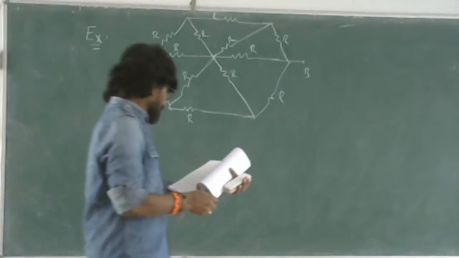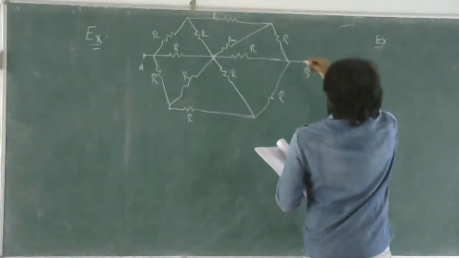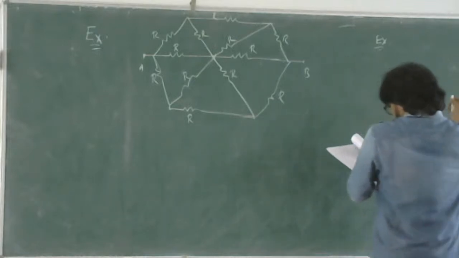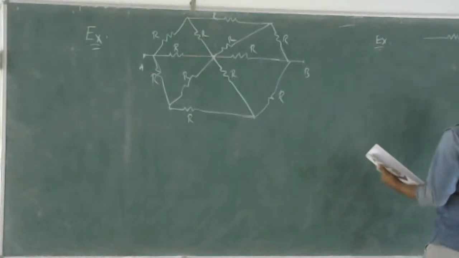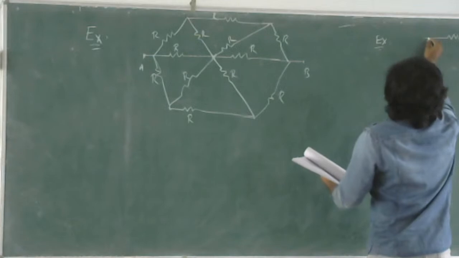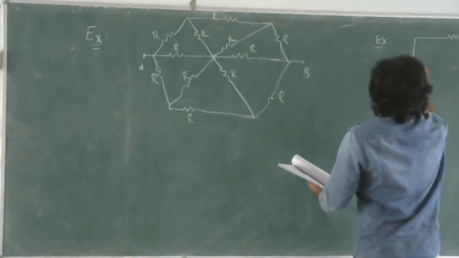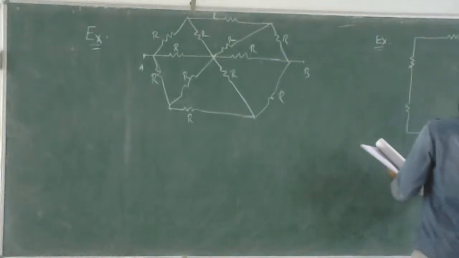Another question, I will give you a hint for this. You can try this one, another one. So here we have two resistors connected in one arm of, let us say, a square or rectangle, in this fashion, and here also the same fashion.